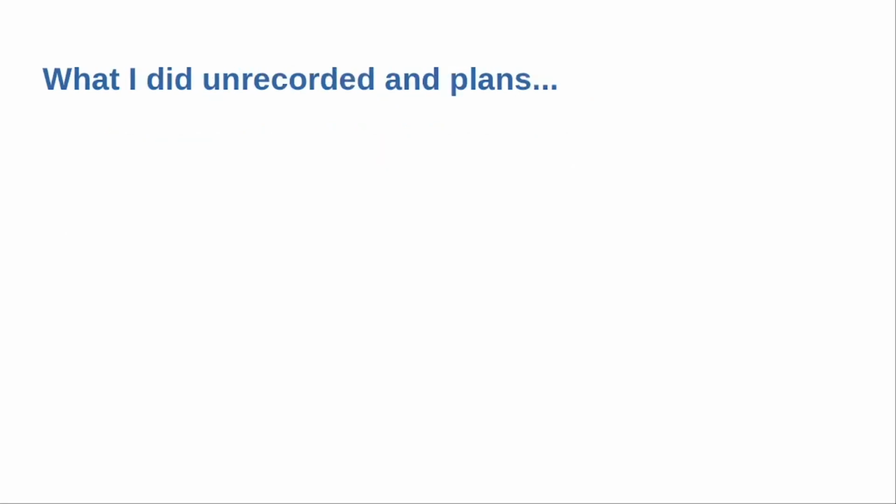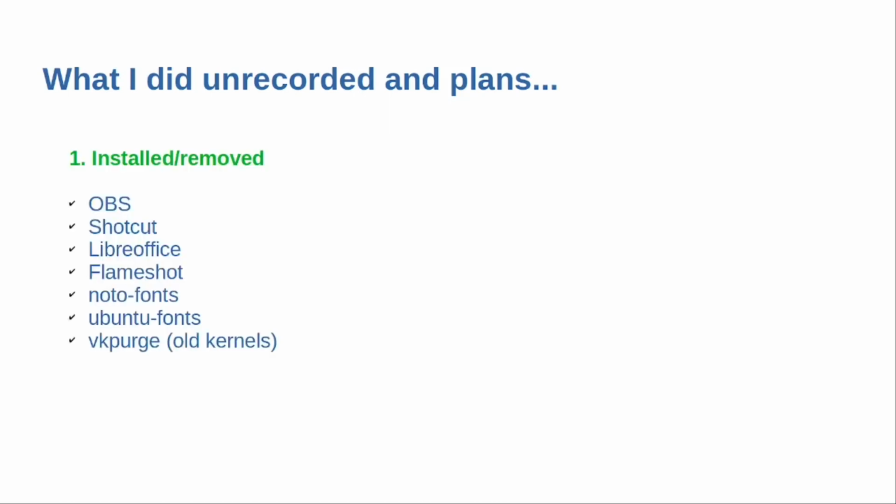Other than this, I've been using Void Linux as a part-timer because I still have my projects on Windows 10, and these projects specifically require Office 365, which cannot be done on Void Linux, or in fact on any Linux so far. So what I've been doing is I installed OBS, Shotcut as my video editor, and LibreOffice.